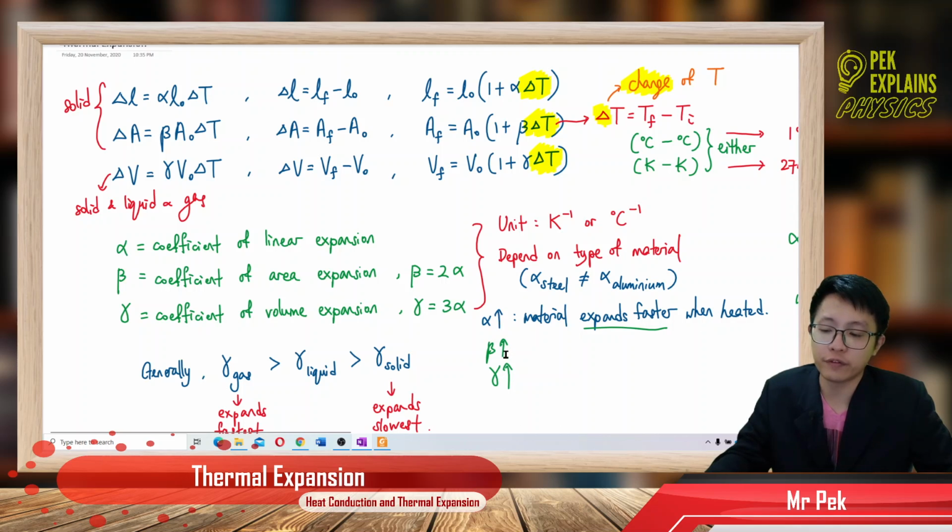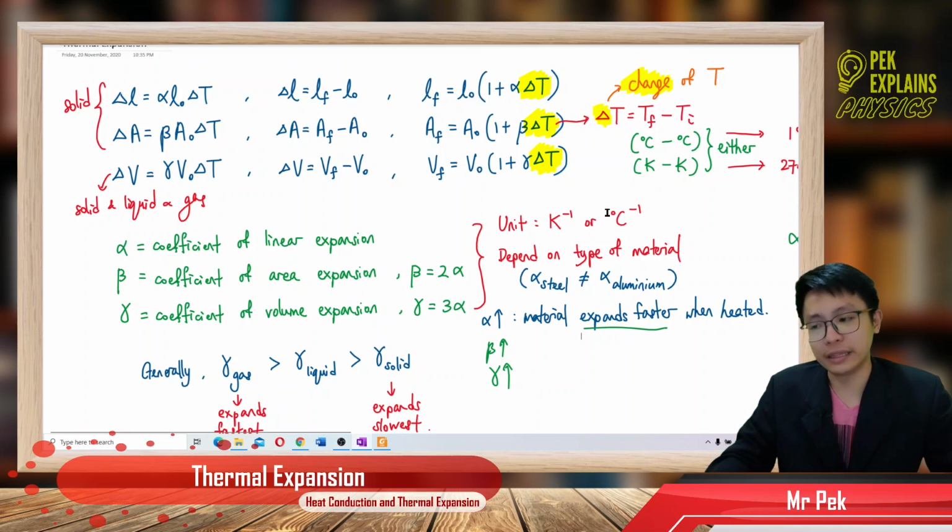If low alpha, low beta, low gamma, the material will expand slower when heated. And the unit is per Kelvin and per degree Celsius. Why do we have these two different units? I will talk about this unit later on.